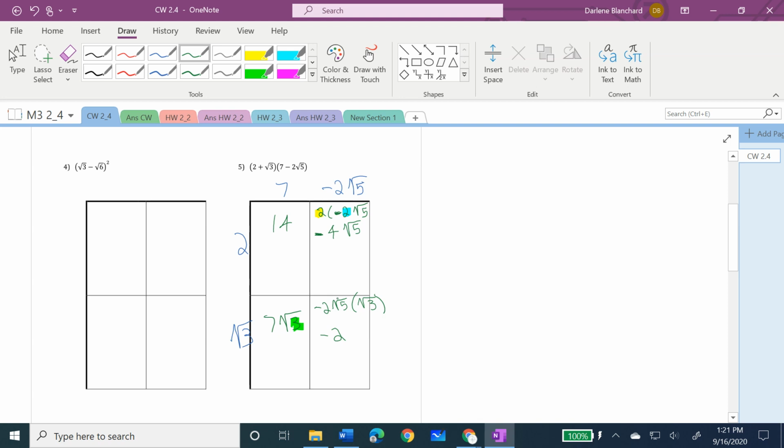To add, I have to have the same index, which in this case both are 2's, and I have to have the same number if I'm adding. But if I'm multiplying, I only need to have the same index, which is an understood 2, which I just highlighted.